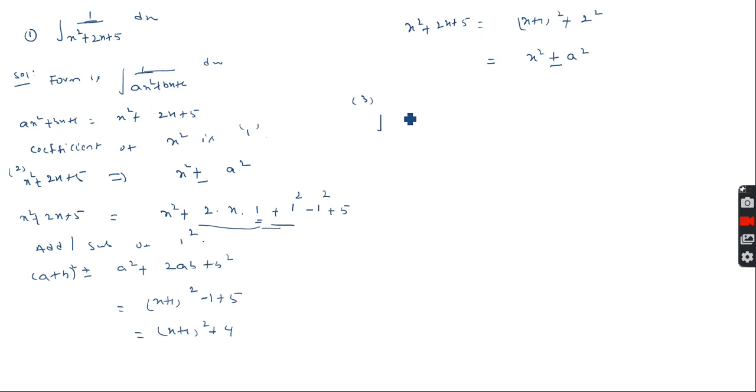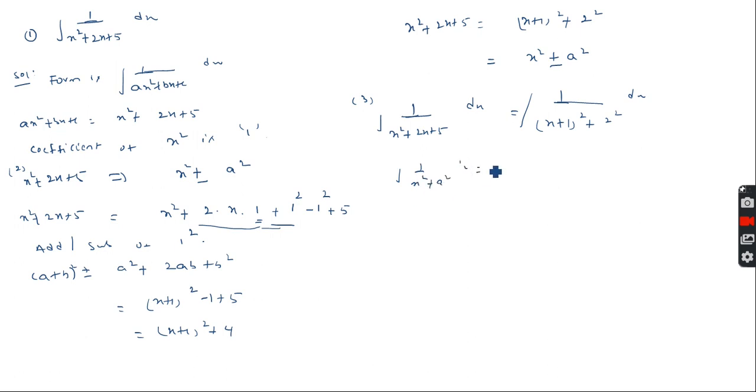The third step: we apply the integration. The integral of 1 by x square plus 2x plus 5 into dx is nothing but the integral of 1 by x plus 1 whole square plus 2 square. What is the original form? The integral of 1 by x square plus a square.